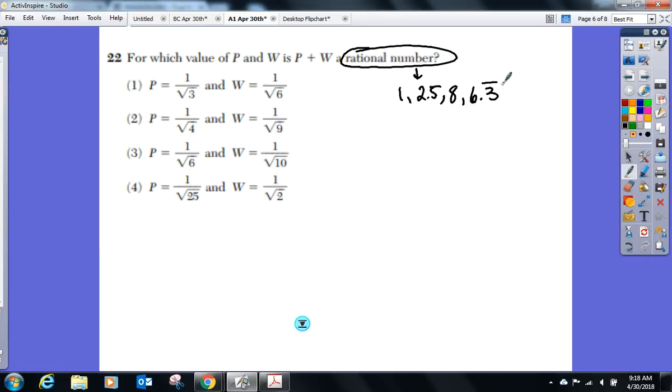I'll give you a minute. Go through the choices and add up P and W. There's only going to be one. Some of you may not even need the calculator. Start plugging them into your calculator. Which one of these ends up as a rational number? You can turn it back into a fraction.